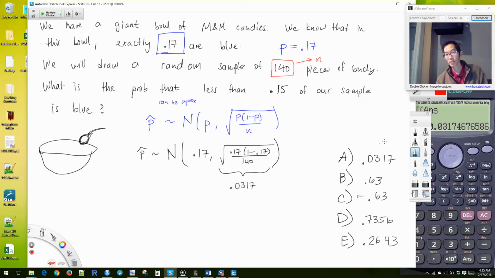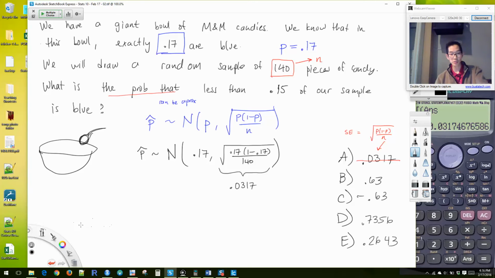This 0.0317 is just the answer to the square root of p times 1 minus p over n. This is what we call our standard error, or the standard deviation of the sampling distribution. So this is not our answer, okay? Because the question is, what is the probability that less than 15% of our sample is blue?